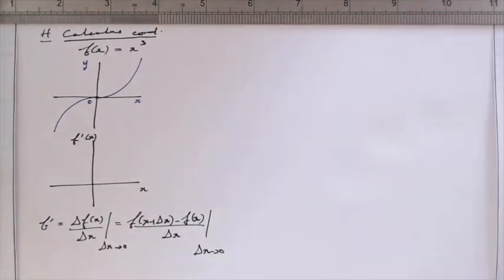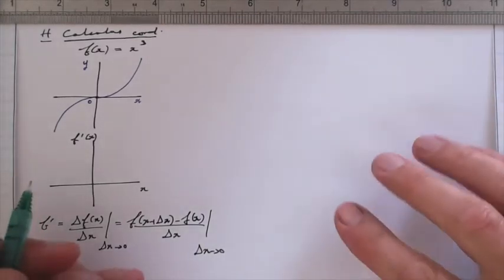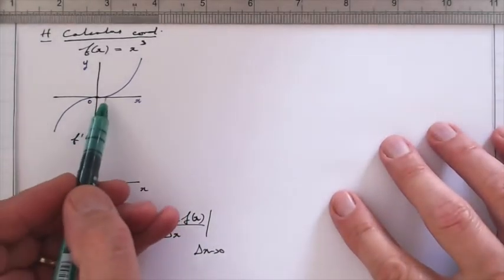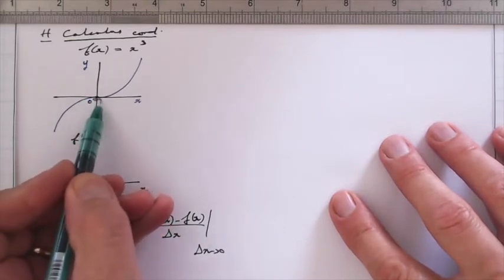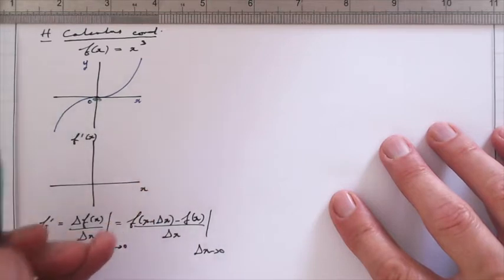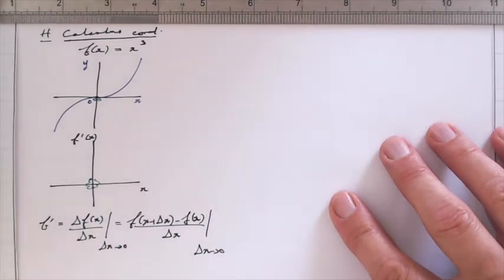Okay, so we've used this now a couple of times and we're becoming more familiar with it. So again, near the origin here, as we vary x, there's almost no deviation in the output, so we know that this derivative must be very, very small, if not 0, around the origin.